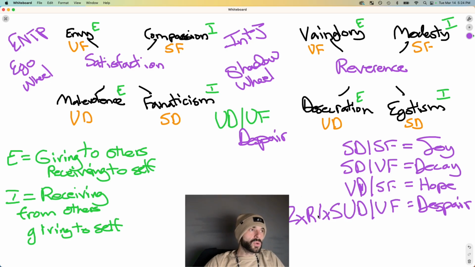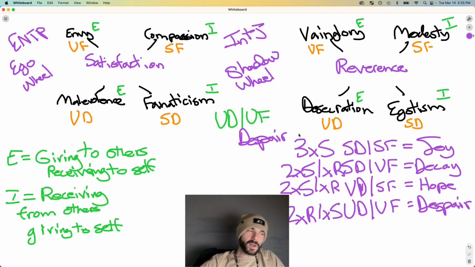So I'm looking for 2 times reverence and 1 time satisfaction. And if I was UDSF, it would actually be 2XS and then 1XR, right? Well, guess what? It's the same thing for SDUF: 2XS, 1XR. And then for SDSF, it is 3X on the satisfaction, okay?